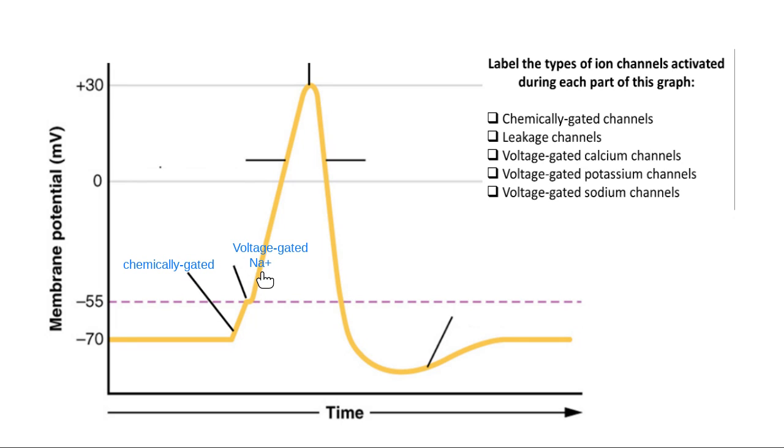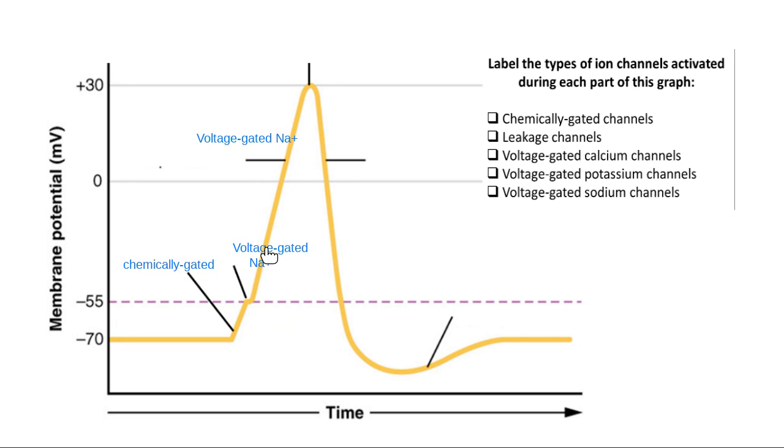Voltage gated sodium channels, the voltage or the charge that they open at is -55 millivolts. When they open, because there's so much sodium outside, that sodium is going to rush inside and bring its positive charges with it. So all along this depolarization side of the graph is all those voltage gated sodium channels. They first open at threshold because the charge is different enough.